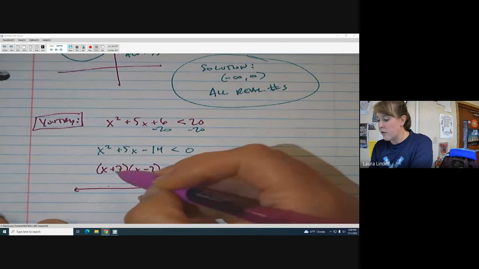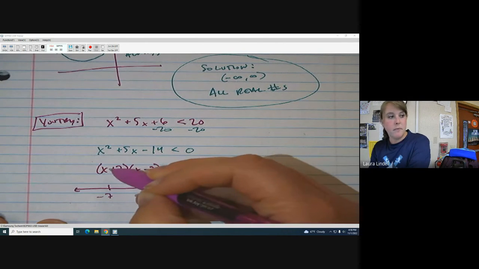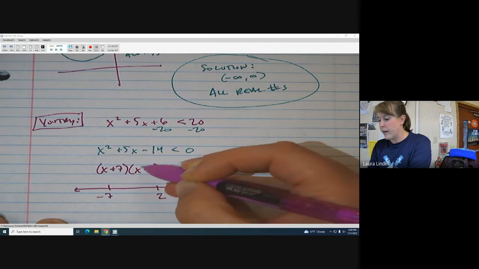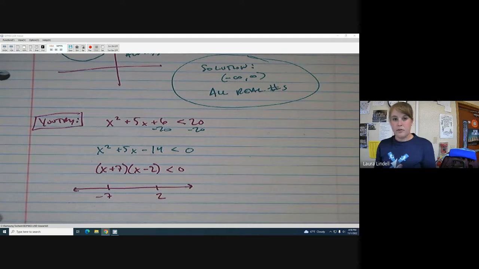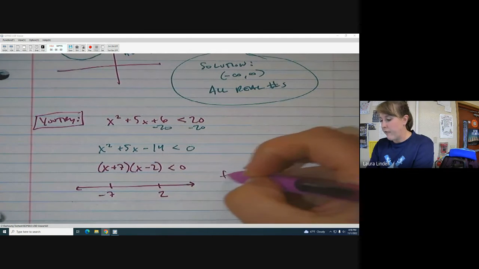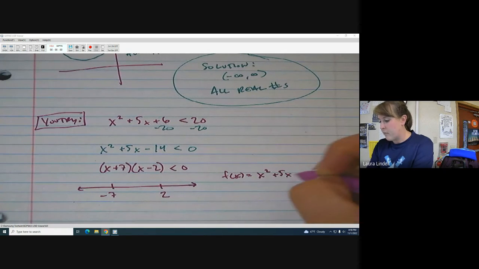For our zeros here, we should have -7, because if I plugged in -7 here, we get 0. And then 2 would be our other one, because if I stuck 2 in for x here, we'd also get 0. So then we're going to try different values into this equation here. So f of x equals x squared plus 5x minus 14.